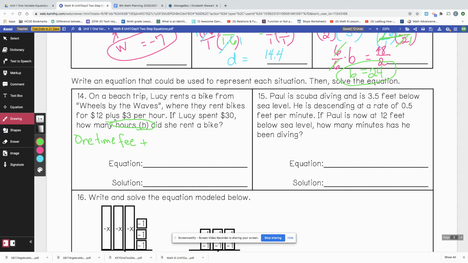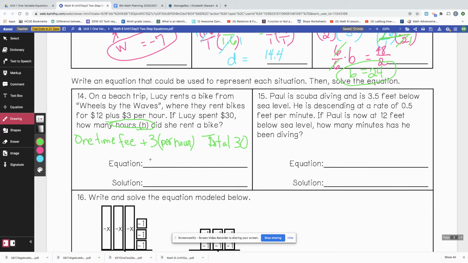Plus $3 every hour, per hour. We know that she spent a total of $30. So how many hours did she rent the bike?